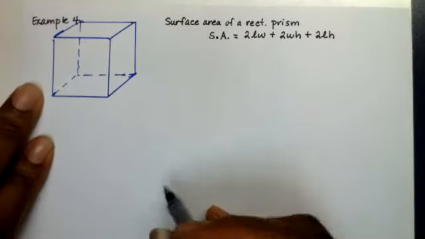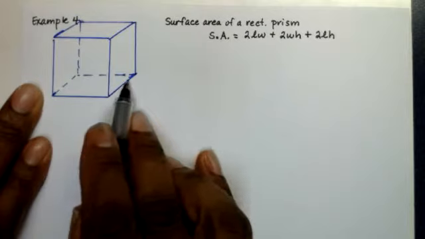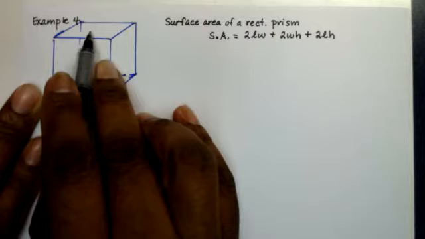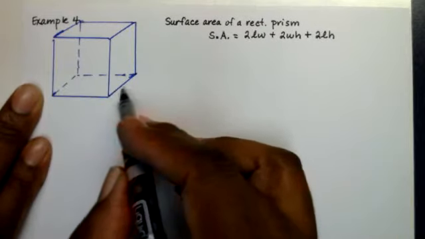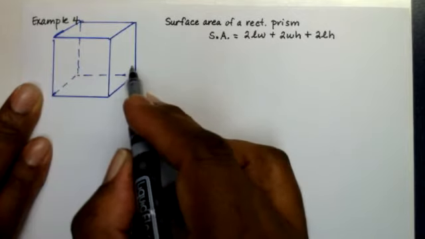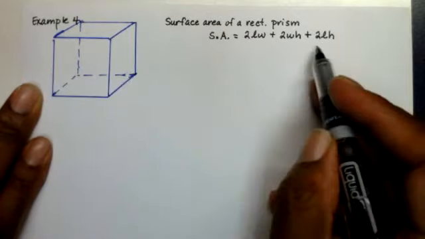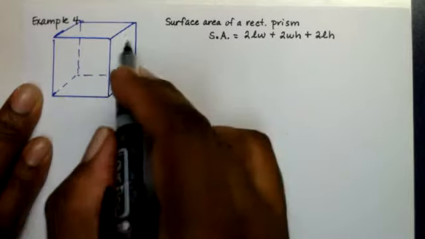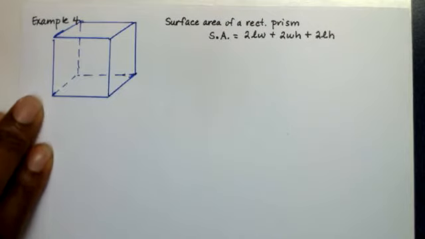And what I mean by that is this: the length times the width would be these 2 bases, the one on the bottom and the one on the top. The width times the height would be the lengths on the sides, the one on the left and the other one on the right, and then 2 times the length times the height. That's the front and the back of that prism or box. Okay. So that's what we mean by a rectangular prism or rectangular box here.